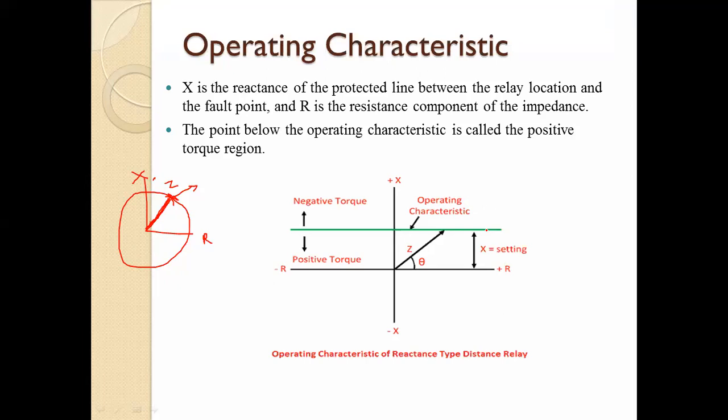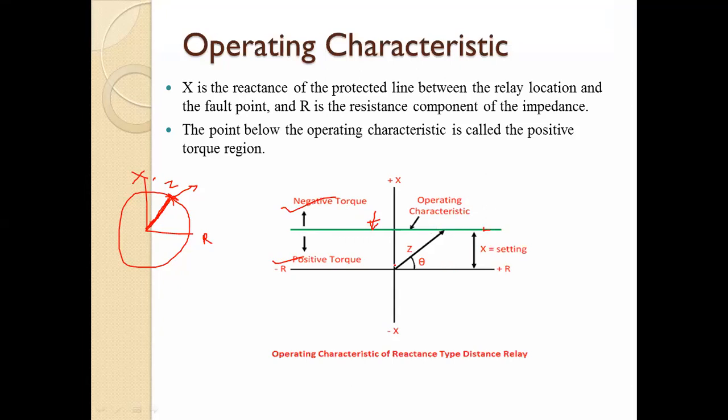When any fault occurs, if the reactance value is less than this set X, then only your relay will operate. So that is producing the positive torque. But when it is beyond this set value of X, your relay will not operate, that is the negative torque.